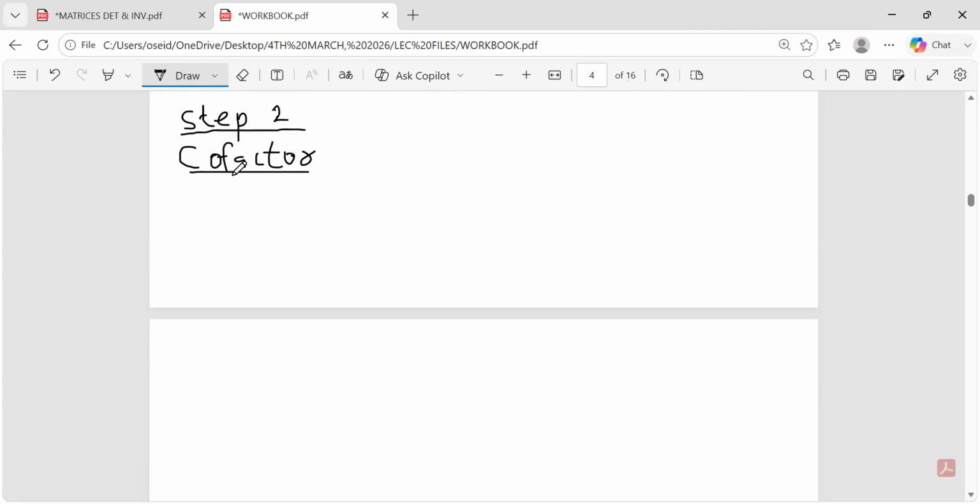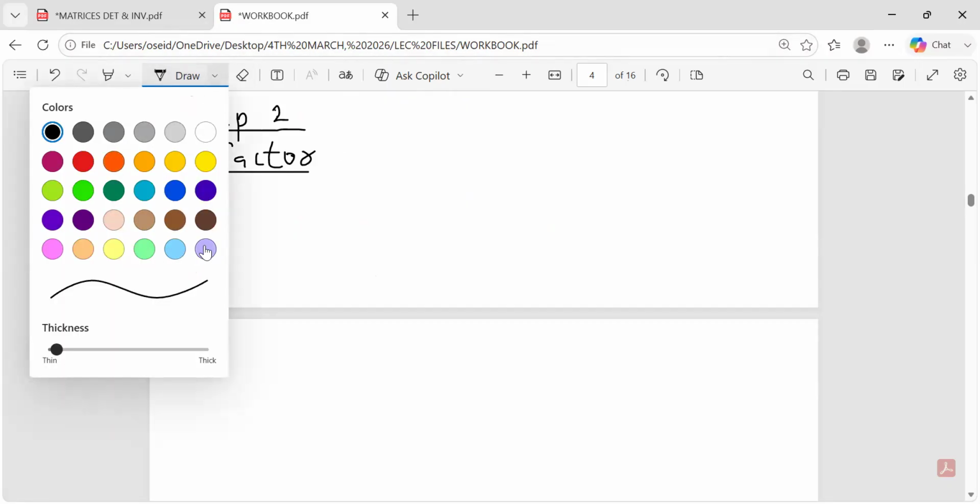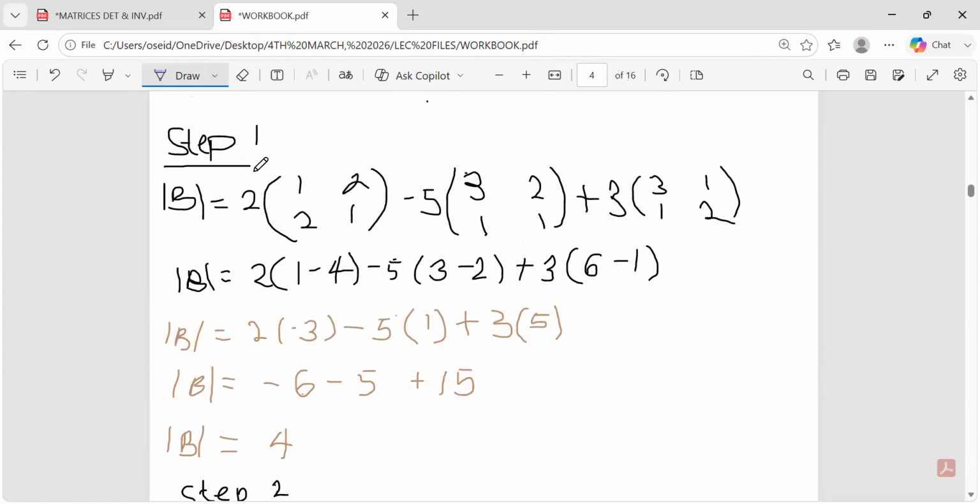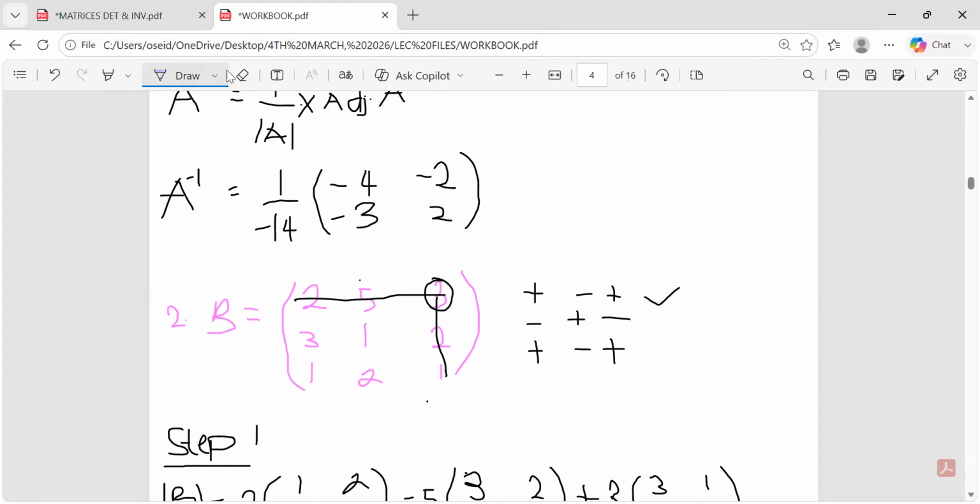So let's say the cofactor should be equal to C. We are going to get C equals to, the first one we are going to take is, let's take the first element.